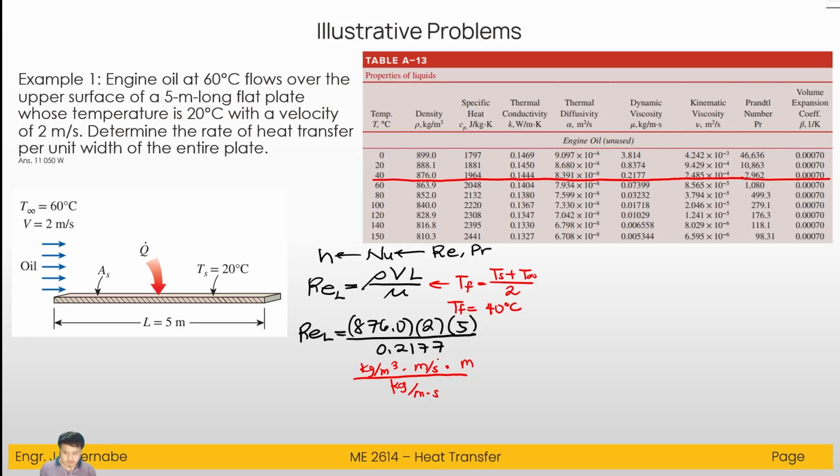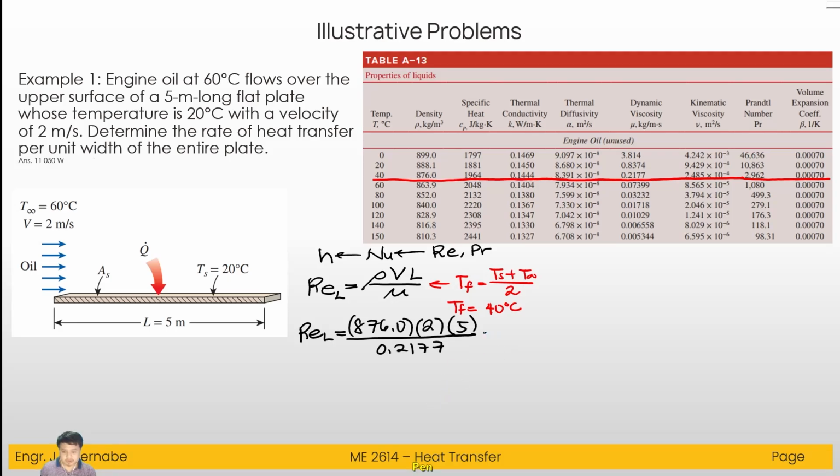The numbers that we've encountered should be dimensionless, so the units cancel. We are good. So this is dimensionless and everything cancels out. We can find the Reynolds number.